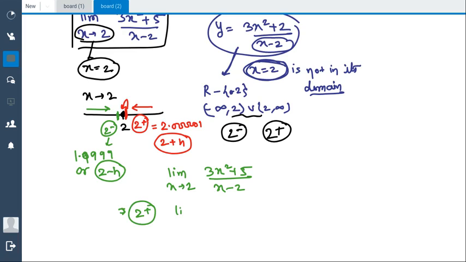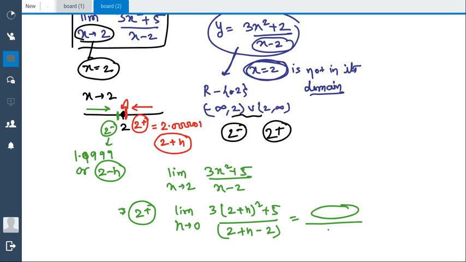Then the limit as h tends to 0 of (3 into (2 plus h) square plus 5) upon (2 plus h minus 2). The above one is anything, the below one will be h, and this h is 0 plus. So this answer comes out to be infinity. 1 upon something tending to 0, anything upon something tending to 0 is infinity.